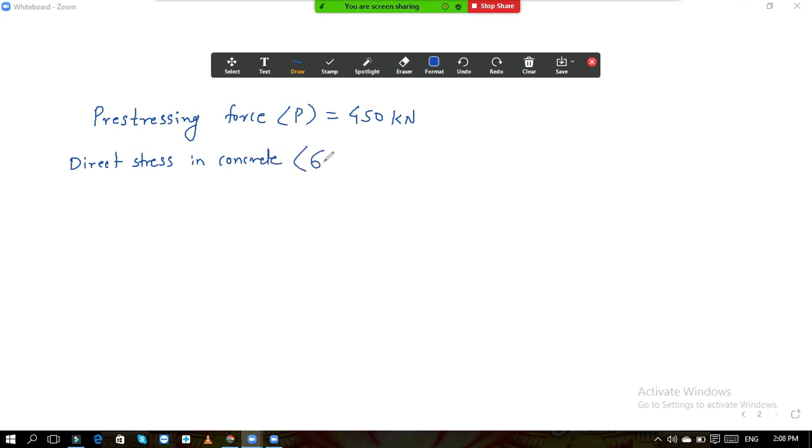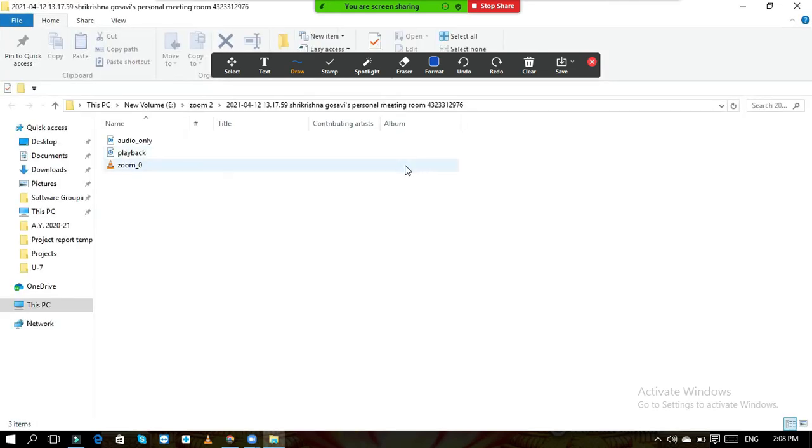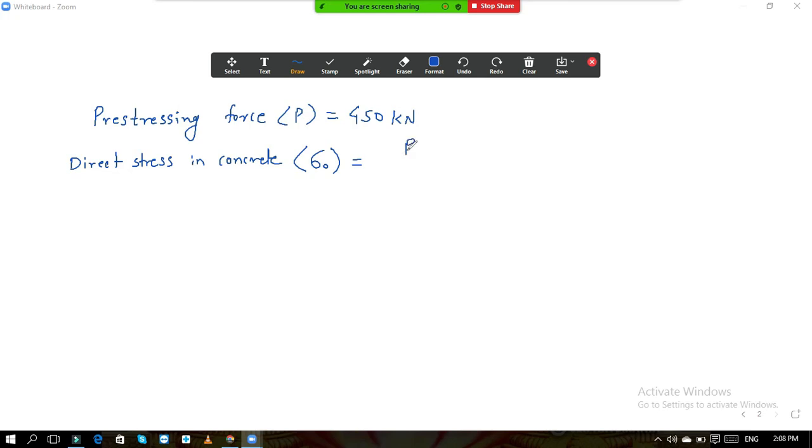Our notation for this is sigma 0, which is P0 by A. So it is 450 into 10 raised to 3 divided by A. A is the area of cross section, 300 into 300. So solve this. Let me know the answer. It works out to be 5 Newton per mm square. Please check the calculation.